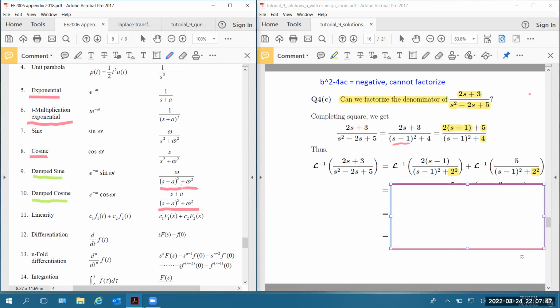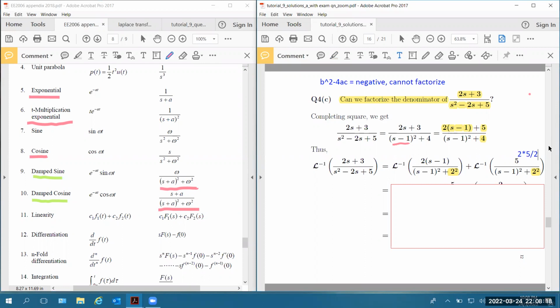If you want to fit this one, then you know it's t-sine. But to fit this one, your omega is 2, so you actually need a 2 in the numerator. Currently it is 5, not 2. So you just put a 2 here, and outside you must divide by 2, so you write 2 times 5 over 2.